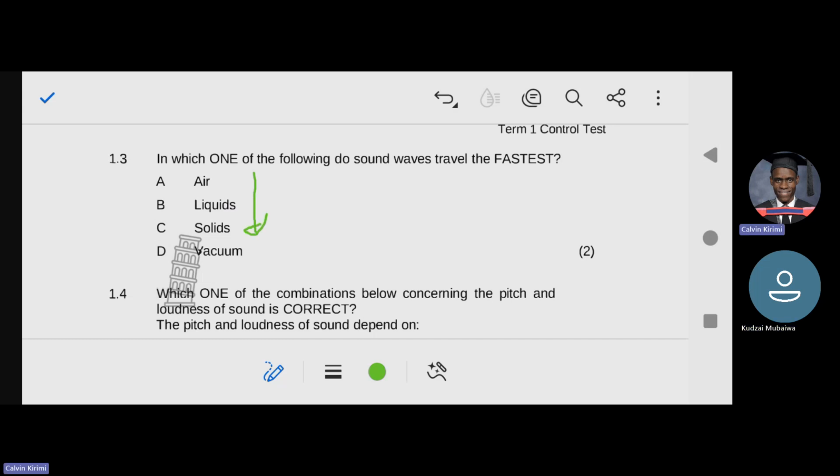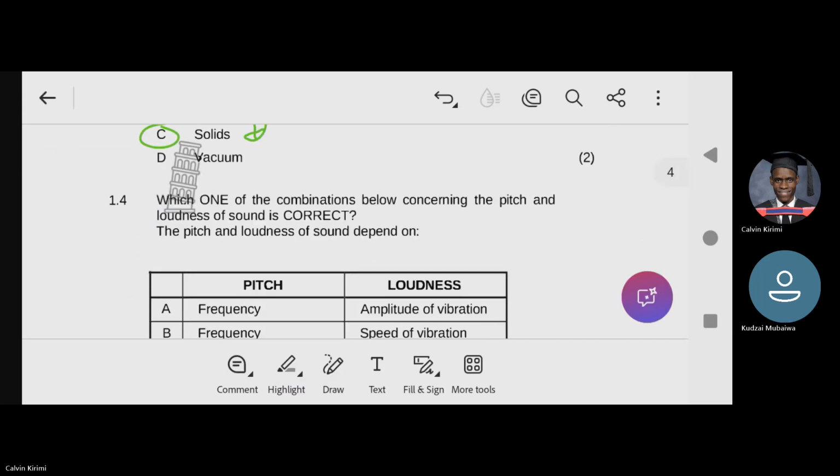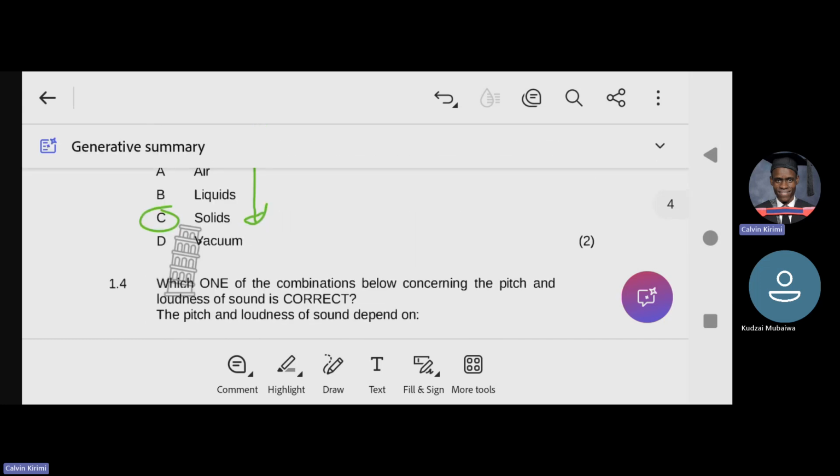For liquids, there's space in between, but they are not very far apart as in solids. In solids, the particles are close together compared to air and liquid. So in solids, the particles are very closely packed. That is the reason, compared to liquid and air.